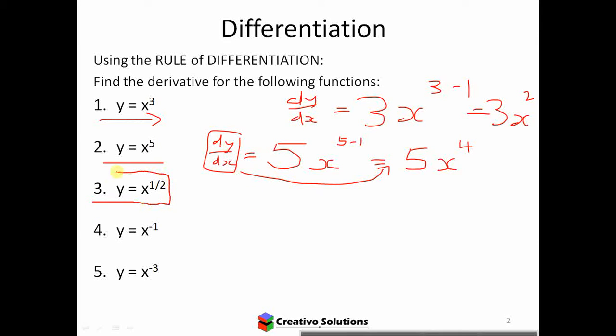Okay, this one would be what? So it would be the derivative equals a half x, and then a half minus 1. So it would be minus a half.